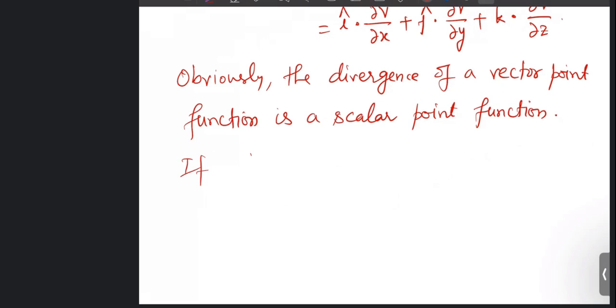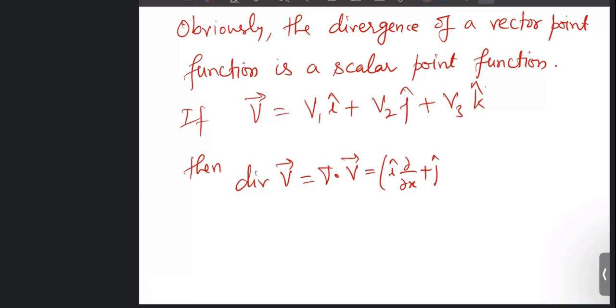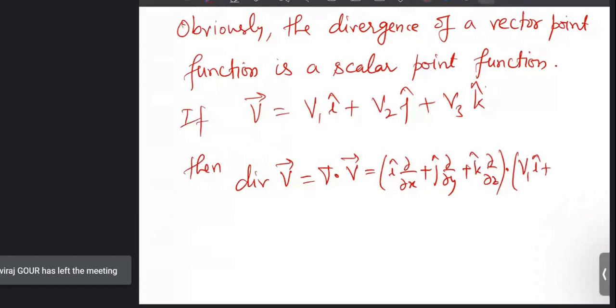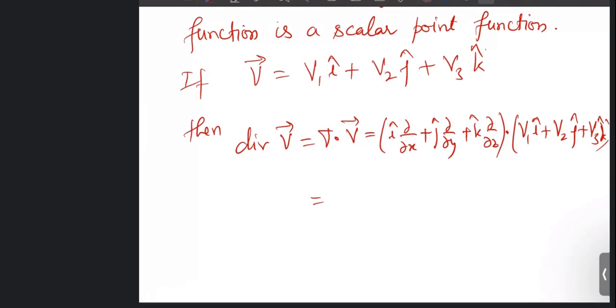If V is equal to v1 i + v2 j + v3 k, then the divergence of V, that is del dot V, in component form is (i ∂/∂x, j ∂/∂y, k ∂/∂z) dot with (v1 i, v2 j, v3 k). In the dot product we only have i with i, j with j, k with k. All others become 0 because they are perpendicular to each other.